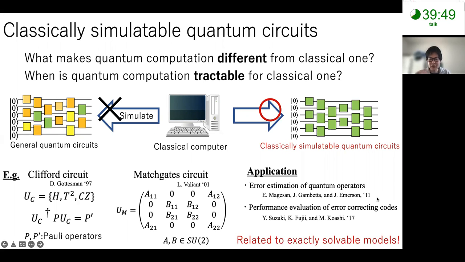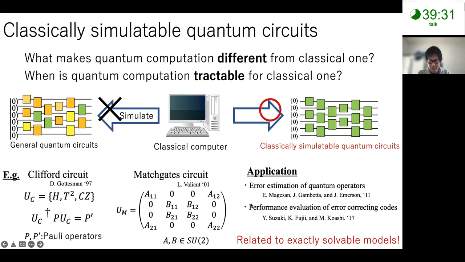And what's more interesting for us is that this classically simulable quantum circuit is related to exactly solvable models. So it is very natural, because they are simulated efficiently by a classical computer.